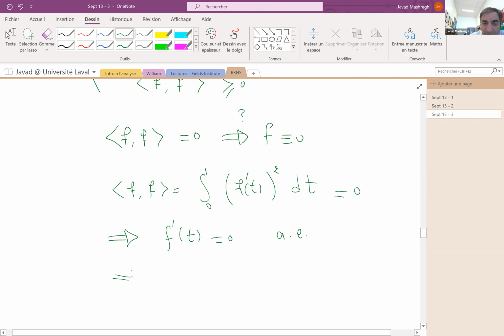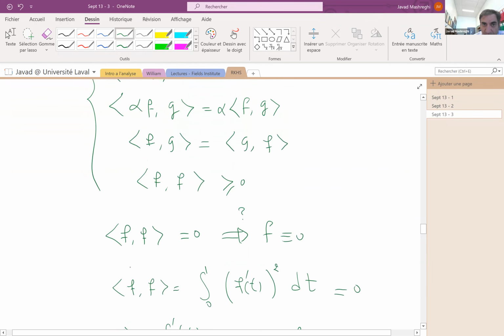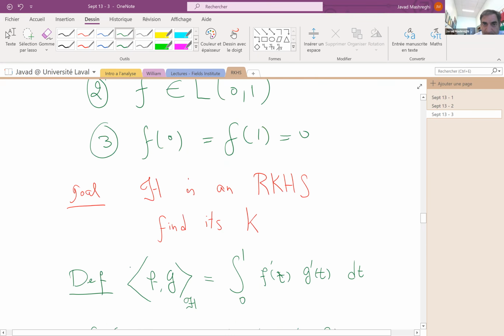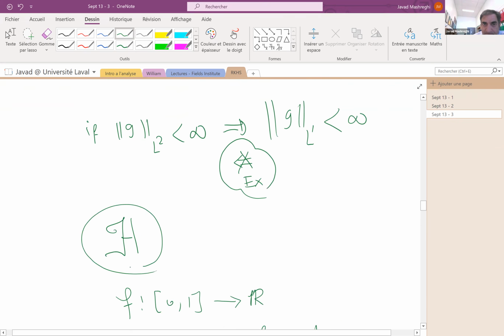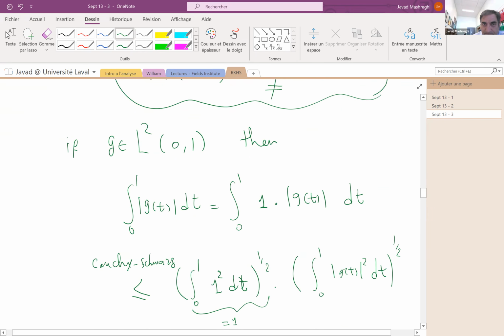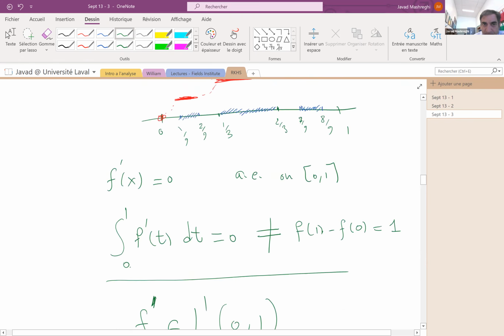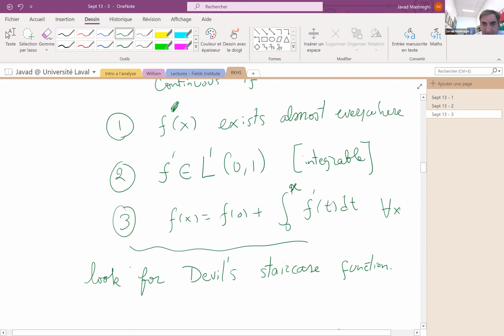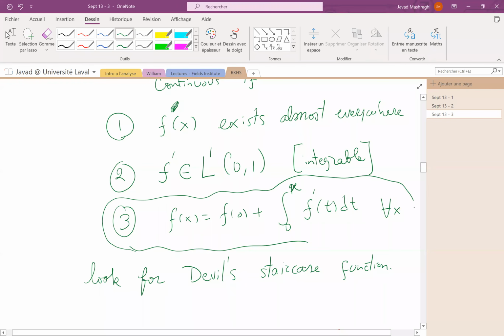And why from here can we conclude that f is equal to 0? Where is this representation? f of x was equal to f of 0 plus the integral of f prime. Exactly. We have this one. f of x is equal to f of 0 plus the integral from 0 to x of f prime dt.